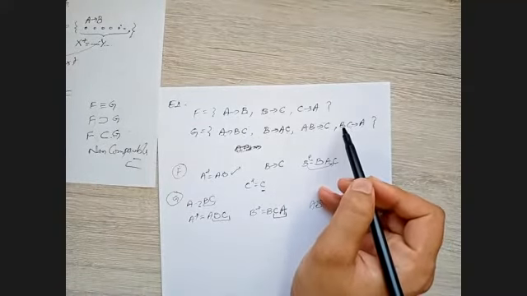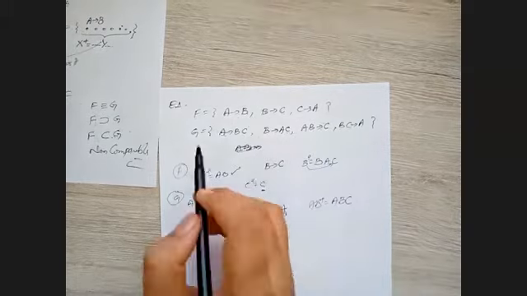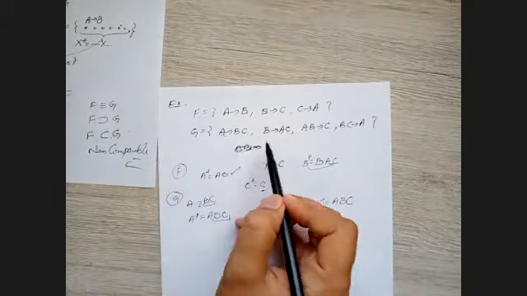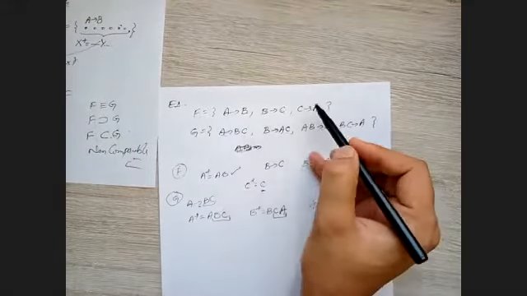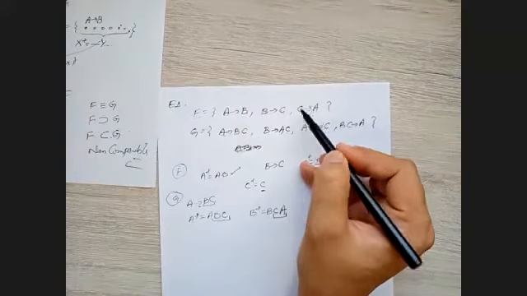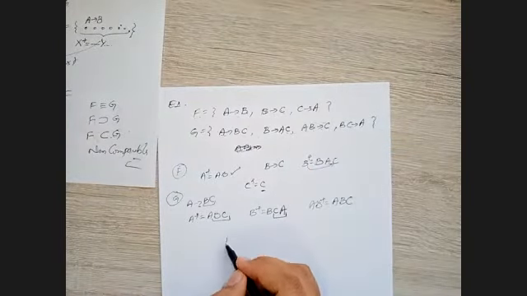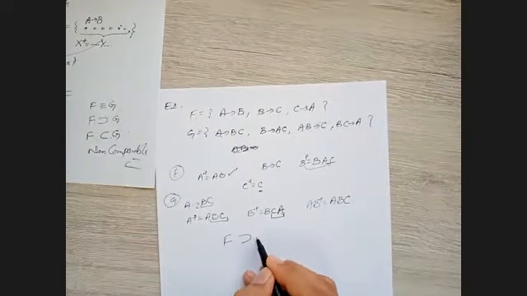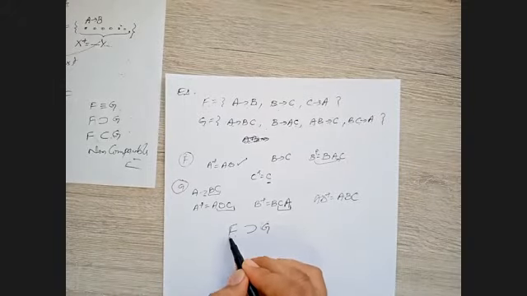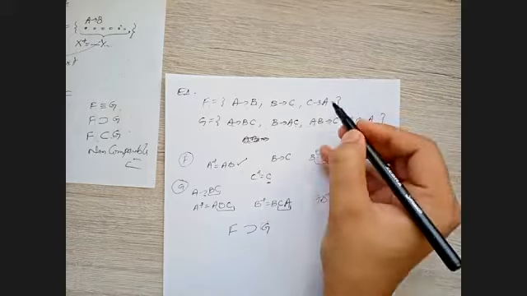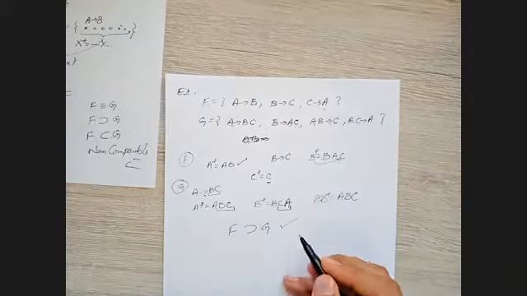Hence F covers G, which means all the elements of G are contained in F, but there are some functional dependencies of F which are not in G. Hence, this is the scenario.